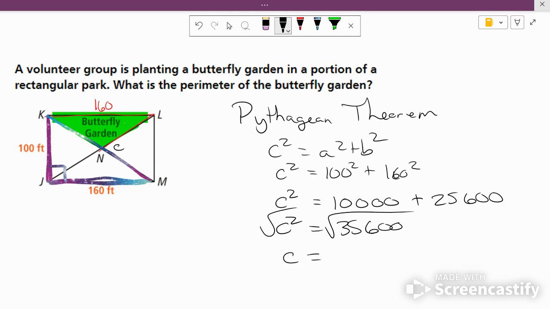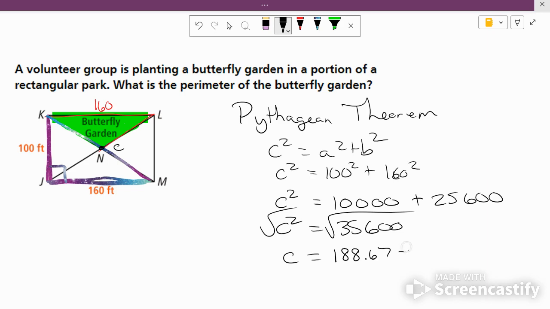it's 180-ish. 100 and what? 188 point something. So 188.67. All right. So that's how long this whole side is. Now, diagonals in a rectangle, it's still a parallelogram, so the diagonals bisect each other.